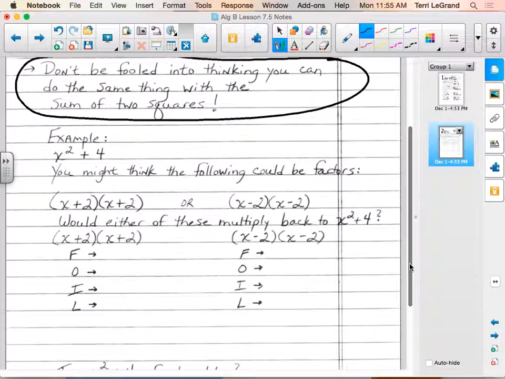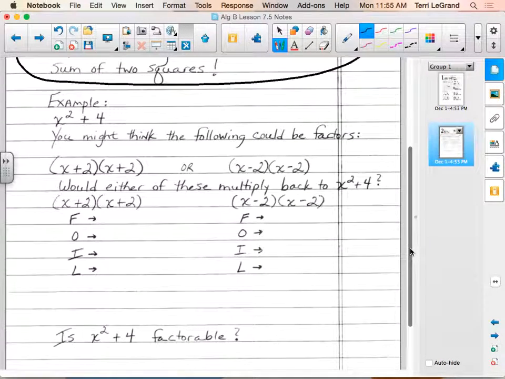Yeah. Is 4 a perfect square? Yeah. But it has addition. It doesn't have subtraction. So here's what you might think, and there are advanced algebra students who do this. They say, you know what, that's a perfect square, that's a perfect square. I can say the square root of x squared is x, the square root of 4 is 2, so here's my factored name for it.